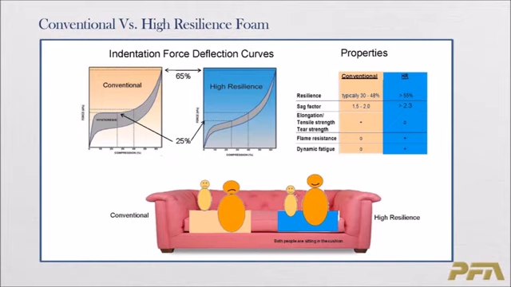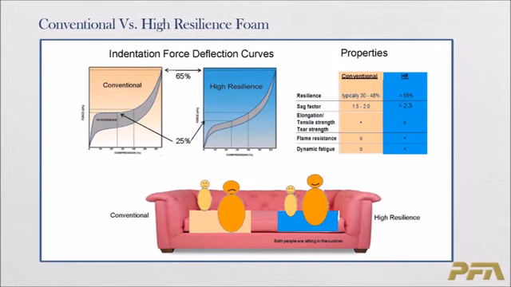Then you have a flat plateau where very little change in force has a big effect on how much the foam compresses. As a result, a person with very little weight doesn't have enough force to compress it and is sitting on top of the foam. Someone with higher weight really compresses it, and the foam is said to bottom out.